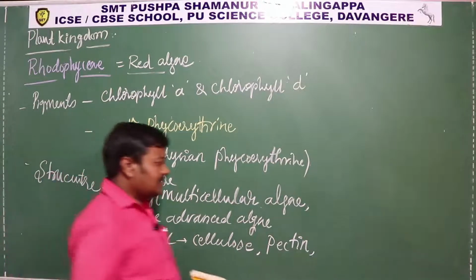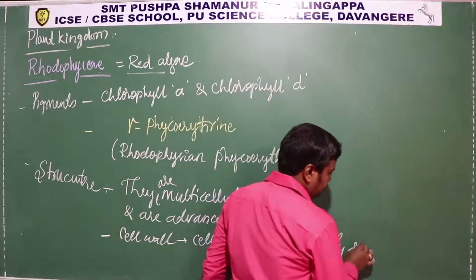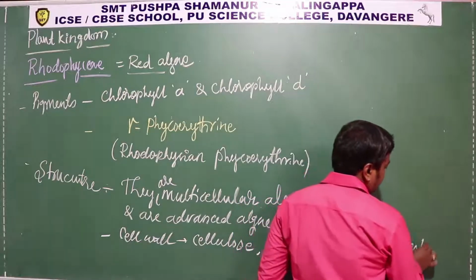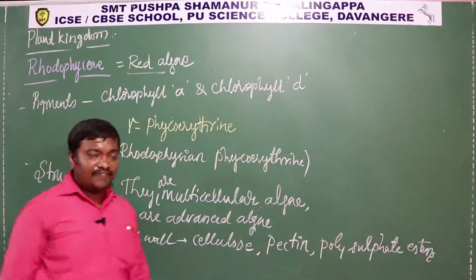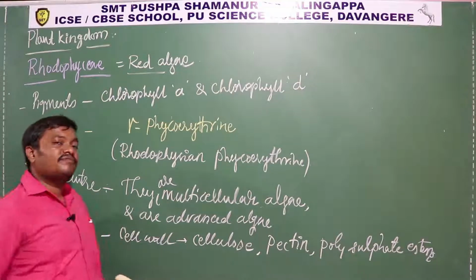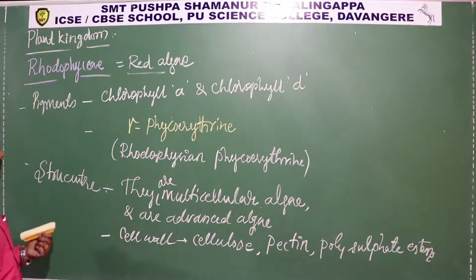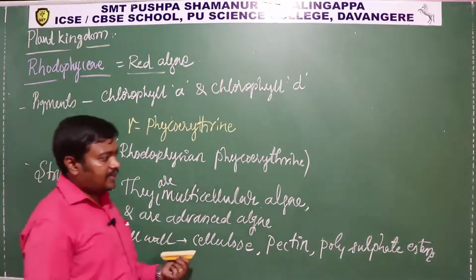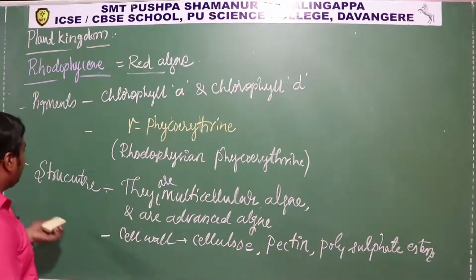Along with that they have polysulfate esters. So they are multicellular and the cell wall is made up of cellulose, pectin and polysulfate esters. This is about the cell wall nature.